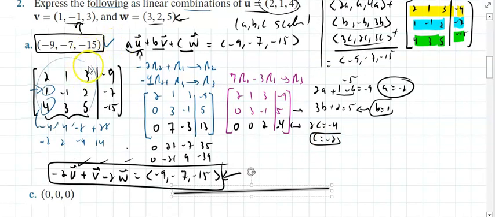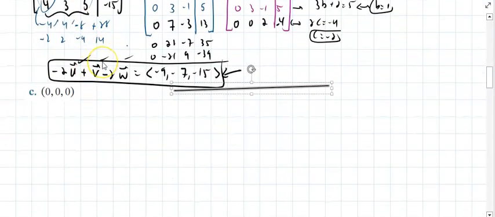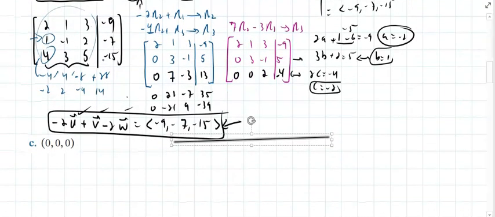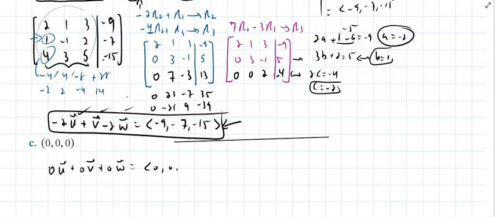And of course, if we'd like to find those equaling 0, that's really simple, because in that case I'll just take 0 times U plus 0 times V plus 0 times W. That is definitely 0, 0, 0. That's really quick and simple.